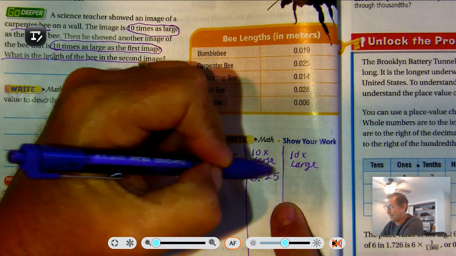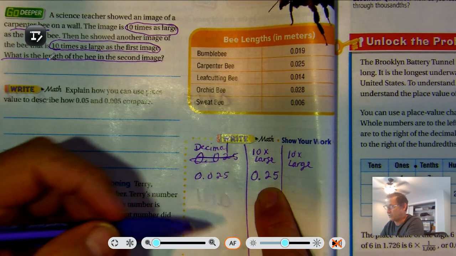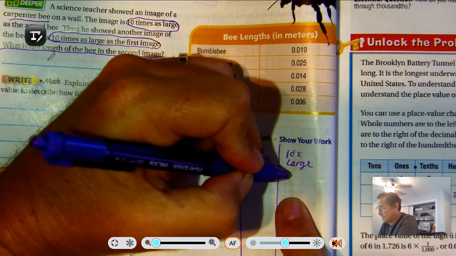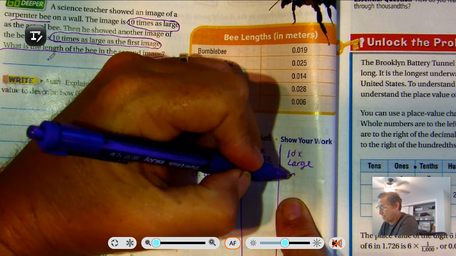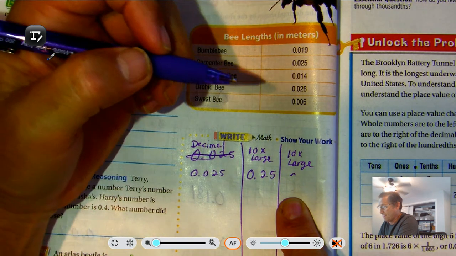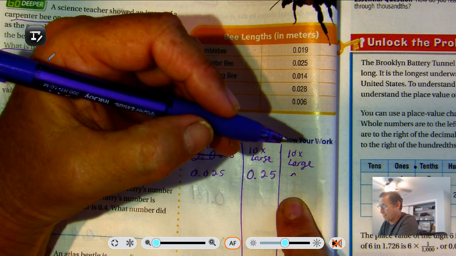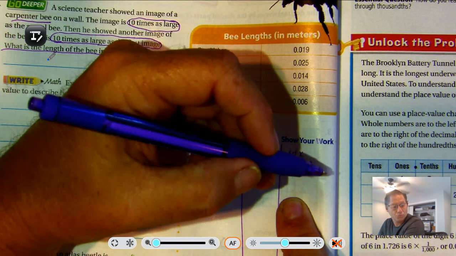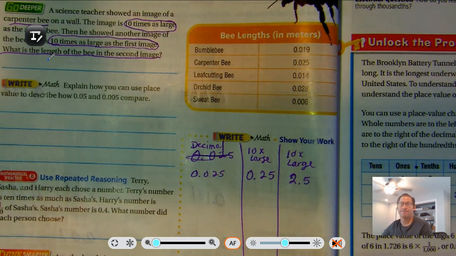Okay, 10 times as large. What's 10 times as much as 25 hundredths? Would be 2.5.